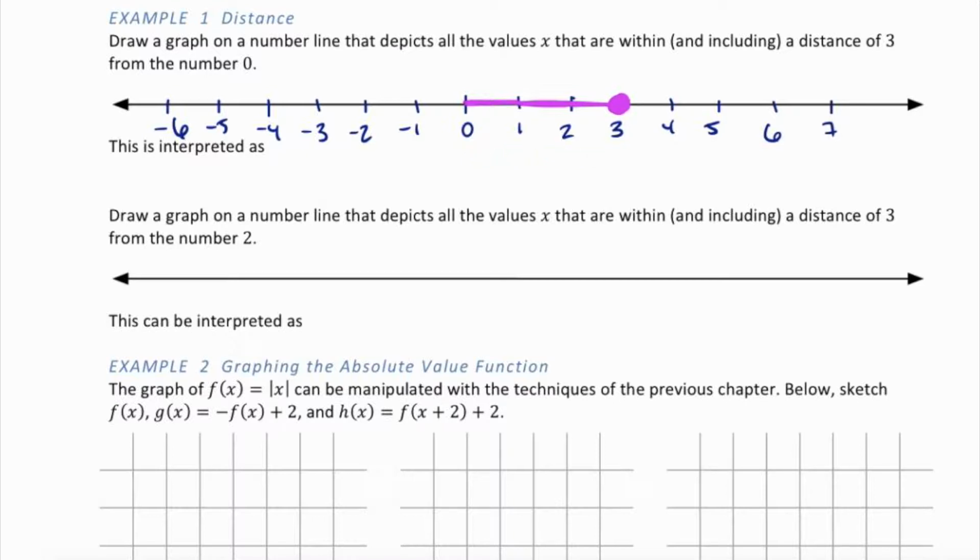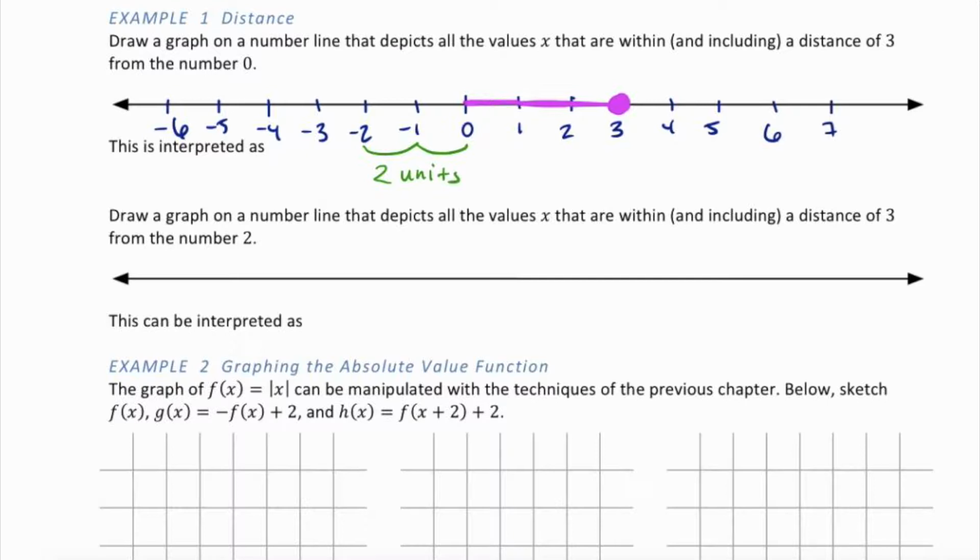Now let's look at the negative side. And let's ask ourselves, is the number negative 1 within 3 units or a distance of 3 from the number 0? This is 1 unit, so that's going to be on our graph. But if you notice the number negative 2, here's another unit, so we have a total of 2 units.